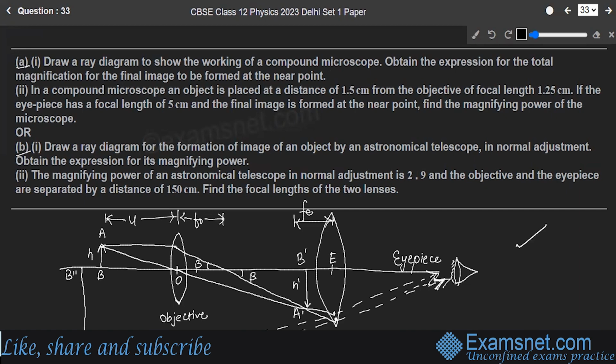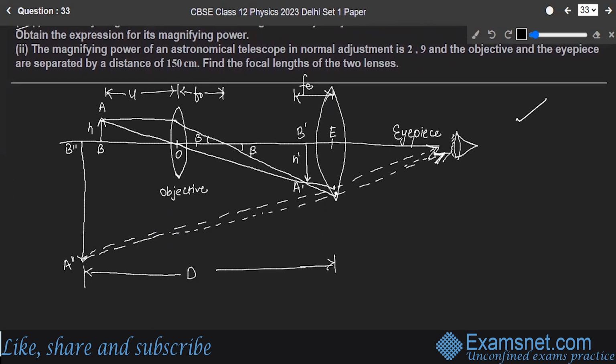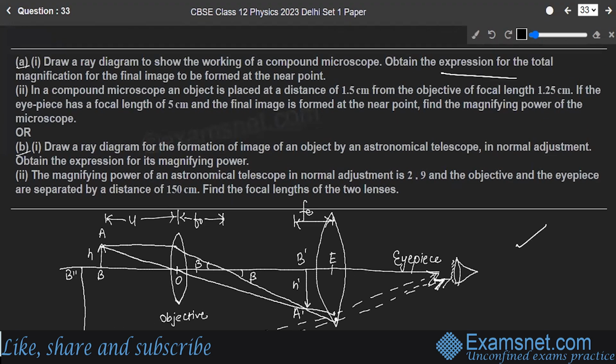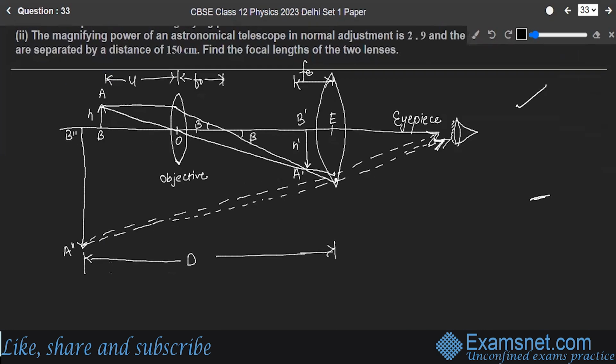So this one is the required ray diagram to show the working of the compound microscope. You can read it from here. Now the second part of it, you have to obtain the expression for the total magnification for the final image to be formed at the near point.